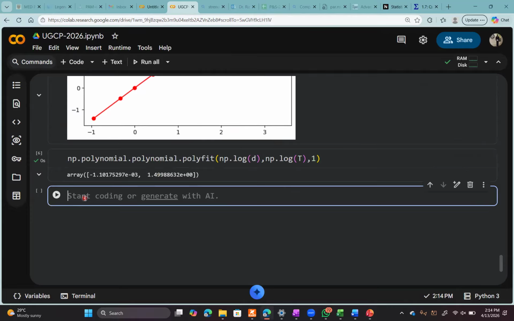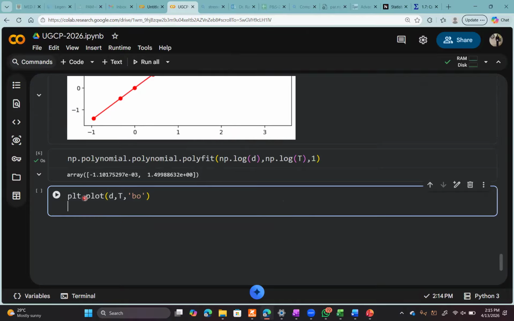If I change the scale, I will get the information that the data would appear as a straight line, right? But there is no meaning of slope like the slope of a straight line, right? So I will plot the data again, plt.plot, D on the x-axis, T on the y-axis, and blue circles.